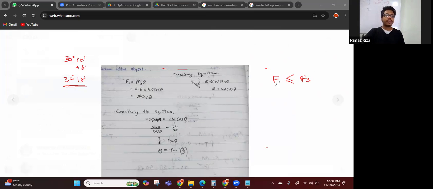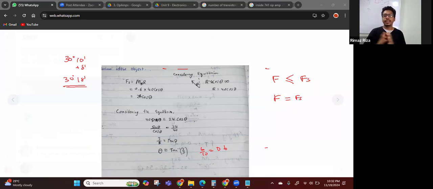I did this question considering friction has a value less than Fs. According to his working, he has considered F equals Fs, so straight away you get the value. The angle is correct. 3 over 5 is actually 6 over 10, which is 0.6.